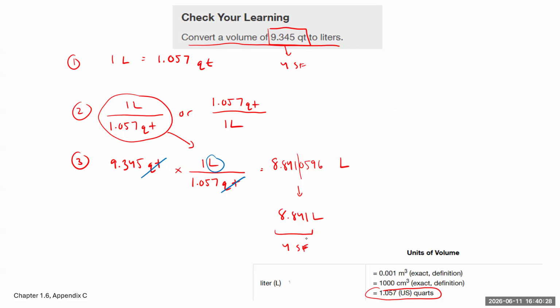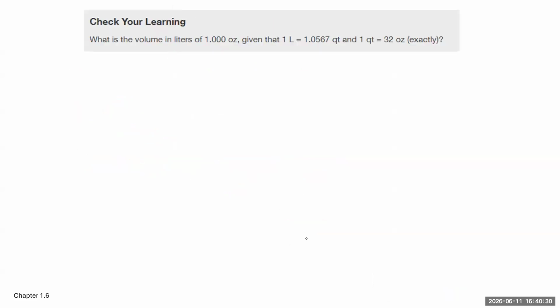All right, let's do another one. So again, 3 steps. What is the volume in liters of 1 ounce? Given that 1 liter equals 1.0567 quarts and 1 quart equals 32 ounces. All right. So we're trying to go from 1.000 ounces to liters.